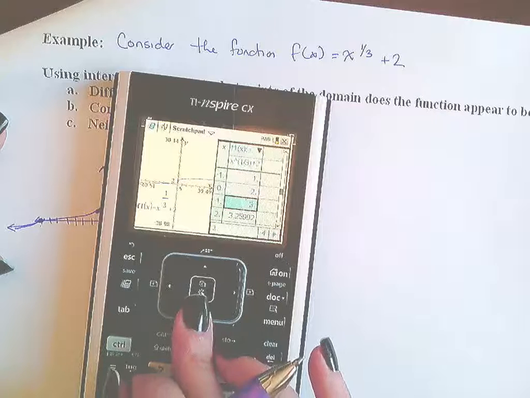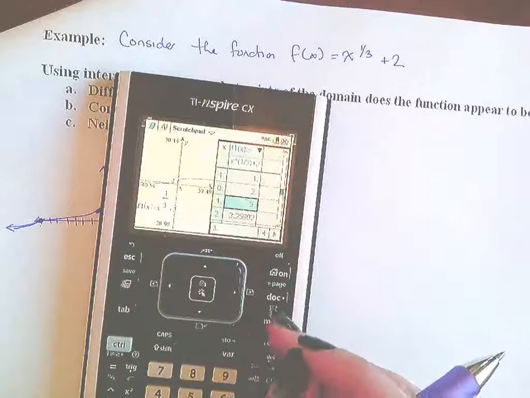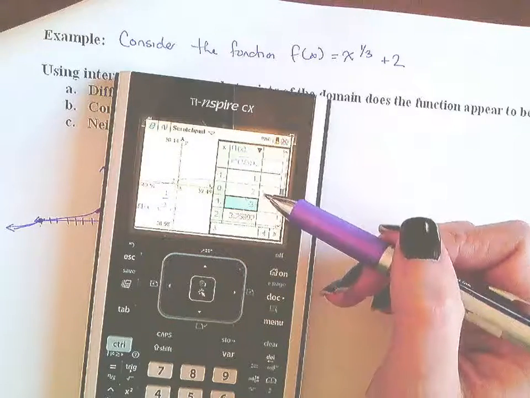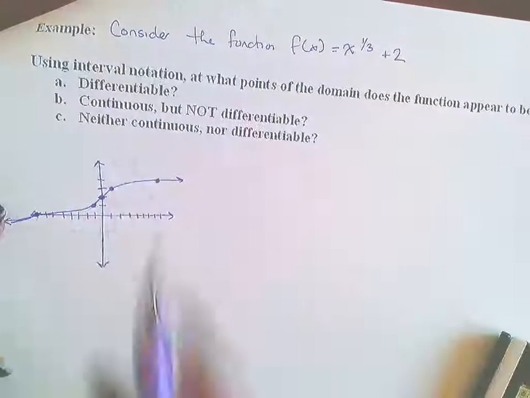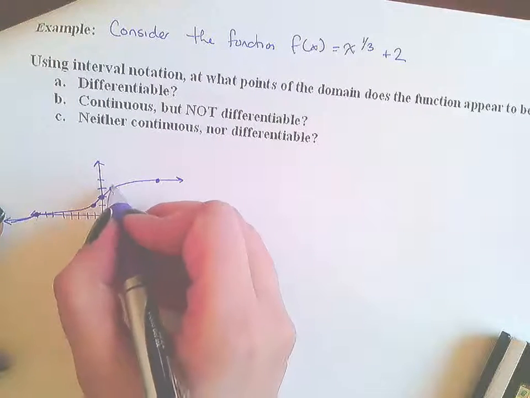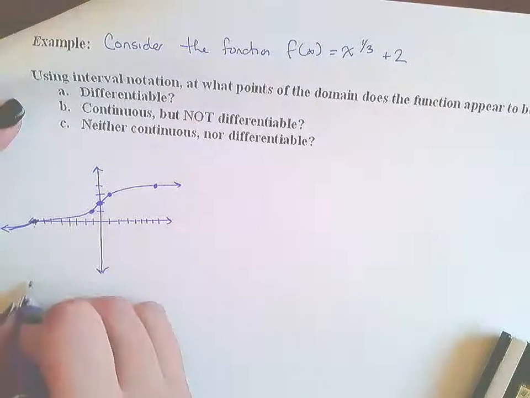So at 0.0001, it's about 2.001. And then it's getting steeper and steeper, even though my graph does not show this, okay? But it is getting steeper and steeper. So based on this, where is it differentiable?